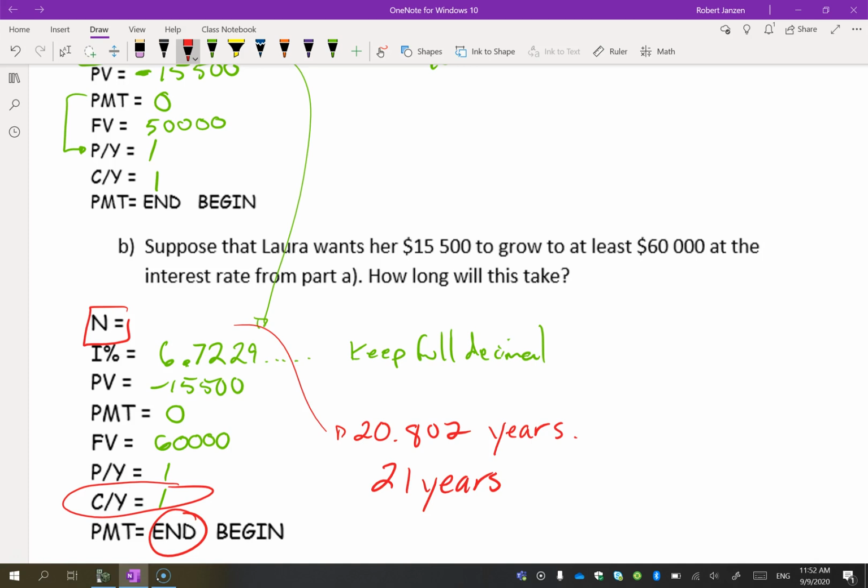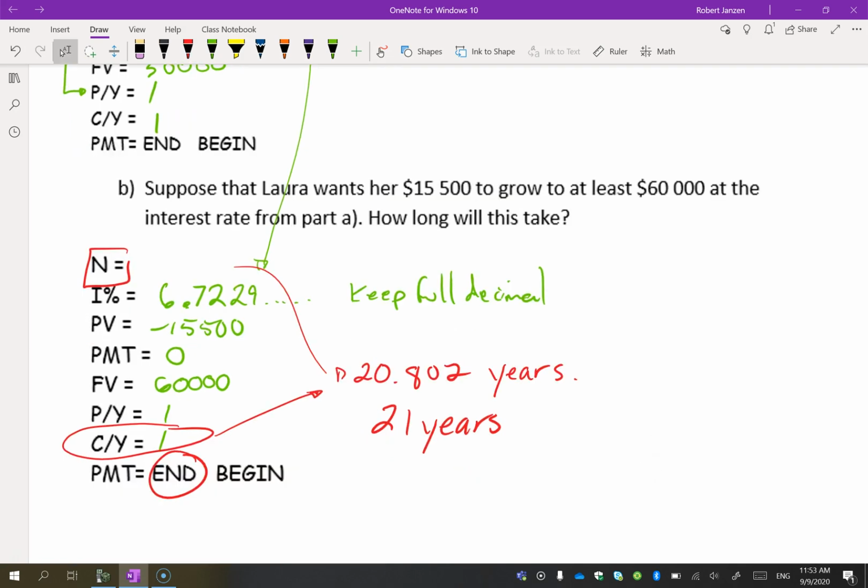Does that make sense why we had to round it up? It's not because it's a 0.8. It's because at the end of 20 years, you're not going to have 60,000 yet. But at the end of 21 years, you'll actually have a little bit more than 60,000, but then at least we've reached our answer. So keep that in mind, because it's compounded only per year. We have to round up to 21.